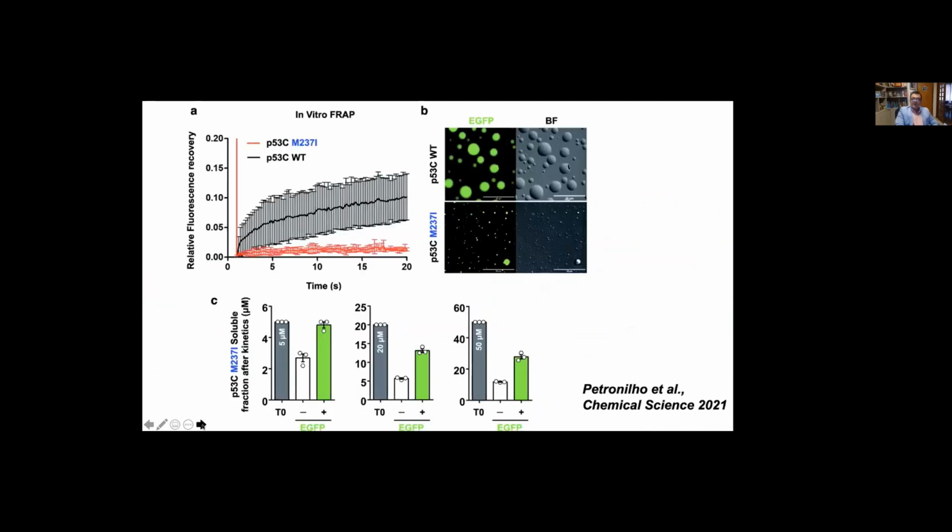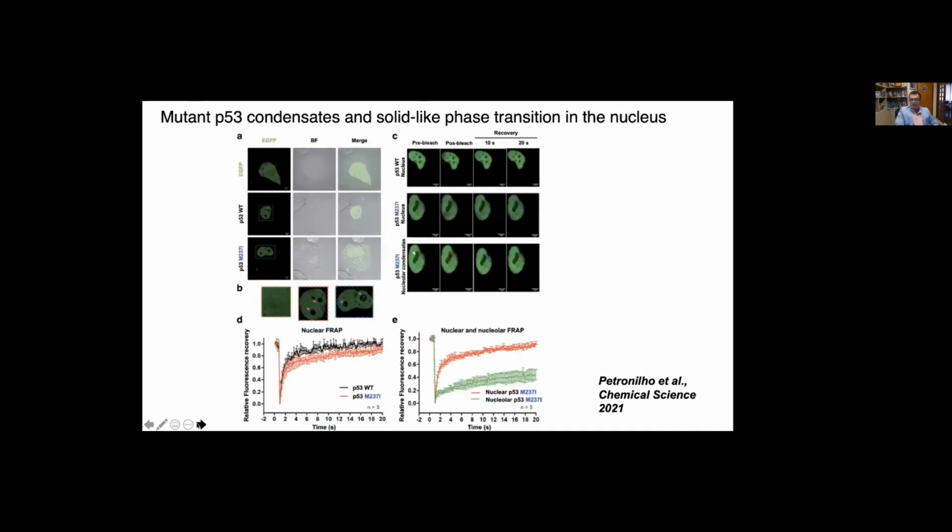When we look in vitro, by the use of some crowding agent, we could see that we have these beautiful liquid droplets for both wild type and the mutant, in this case the M237I. Clearly we don't have full recovery of either of them in vitro for the DNA binding domain, but the mutant one is completely in a solid state, and there is no recovery.